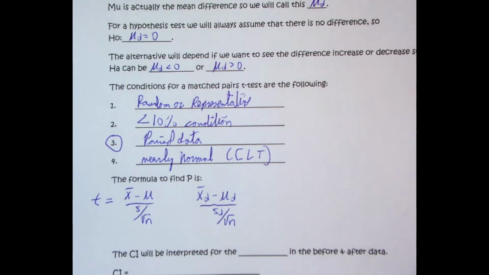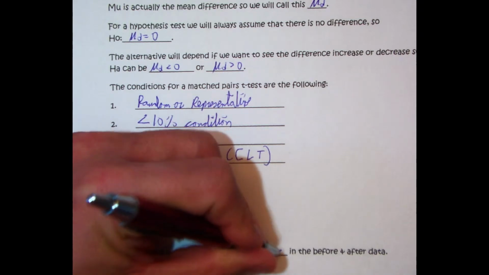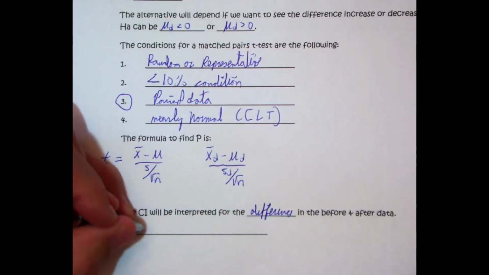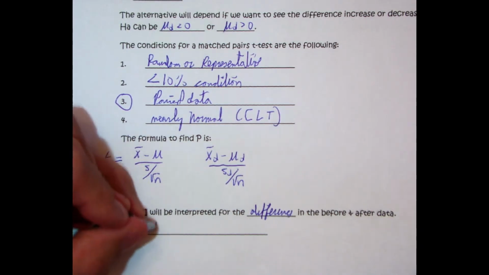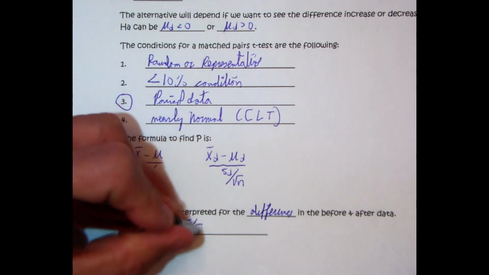And basically we're going to be testing the differences between the before and the after data. Okay? The confidence interval will be interpreted for the difference in before and after data. So remember, in a one sample t-test, the confidence interval was x bar plus or minus t with certain degrees of freedom times s over the square root of n.